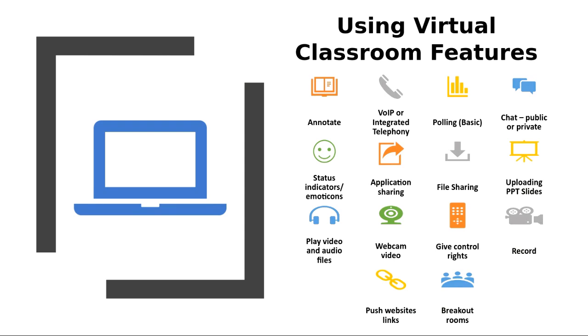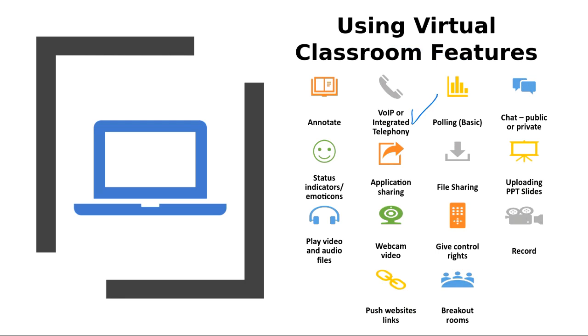All right, so using virtual classroom features, there are a lot of features available to you in the online platform. You have annotation, which, as you can see, someone is doing by writing on the slides. That's what we call annotation. VoIP, or integrated telephony, which is what we have with the phone or our audio.